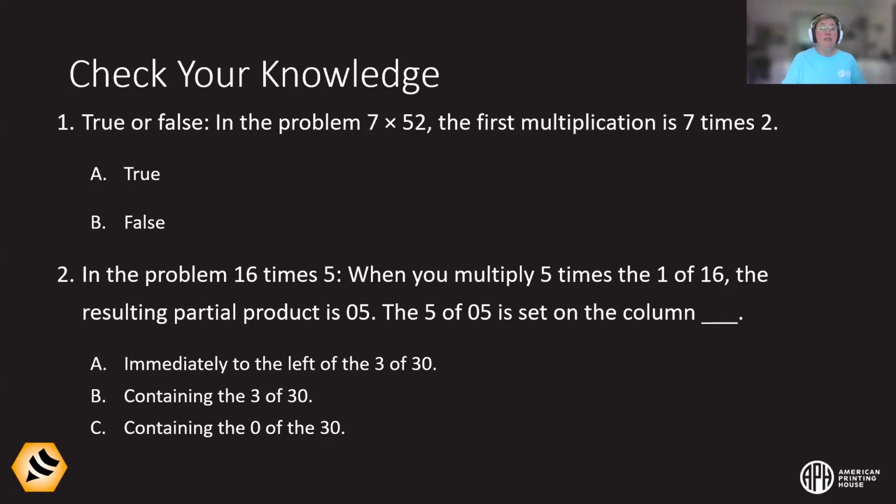In the problem 16 times 5, when you multiply 5 times the 1 of 16, the resulting partial product is 0.5. The 5 of 0.5 is set in which column? Immediately to the left of the 3 of 30, containing the 3 of 30, or containing the 0 of 30.